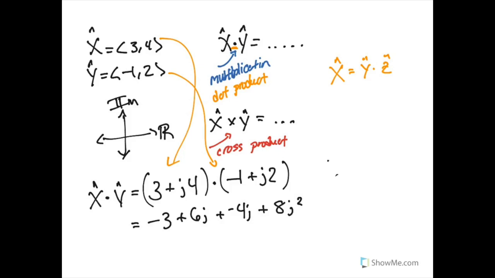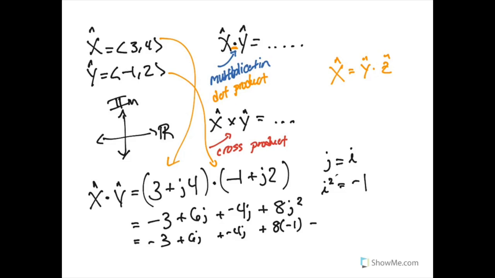And we need to remember, though, that j is equal to the imaginary term, and if we recall that j squared is equal to negative 1, we can start to combine all of these components. And so this j squared over here is actually going to become a negative 1. And then we've got our 4j, our 6j, and our negative 3.